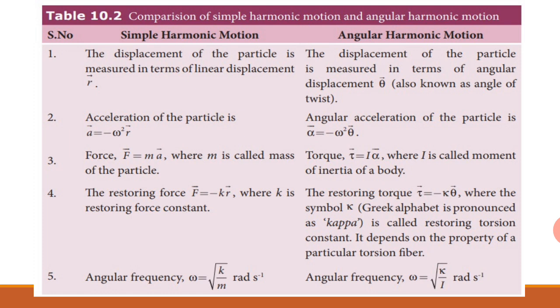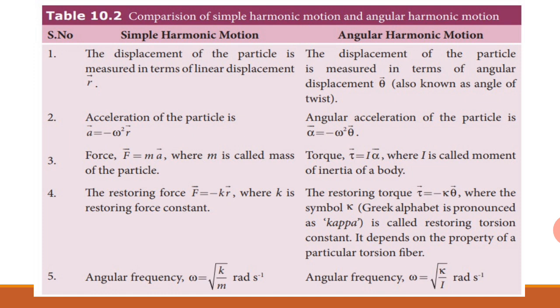R and x are used for representing the linear displacement, but in case of angular harmonic motion, the displacement is denoted by theta because it is angular displacement. It is known as angle of twist.